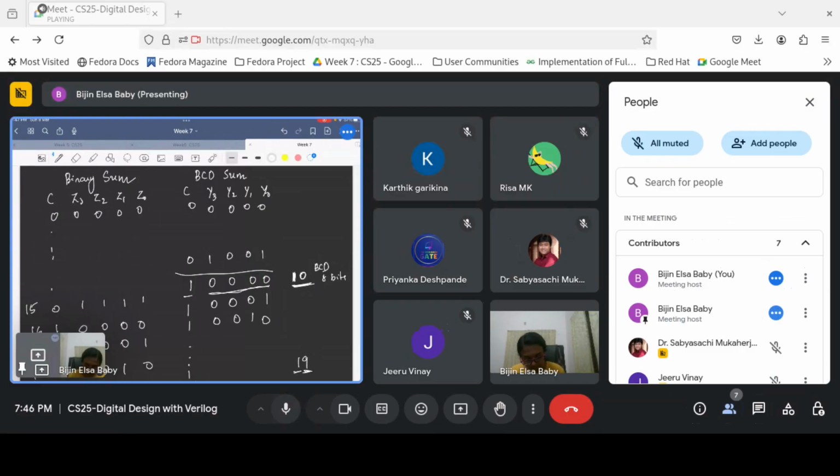If it is 17, then with 11, you have added 6. So there is a requirement of adding binary 6 to the binary sum, which will convert it to the BCD representation.